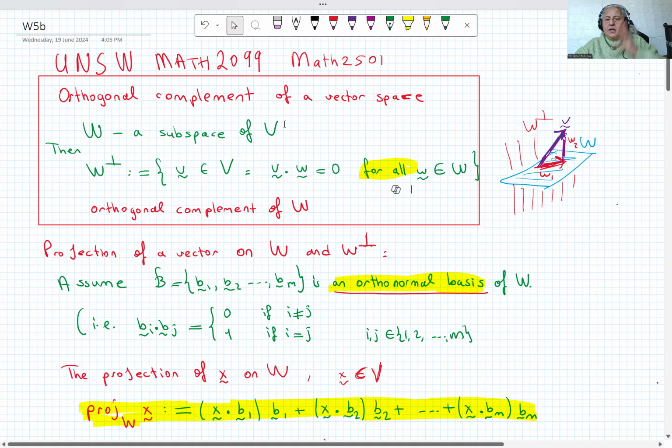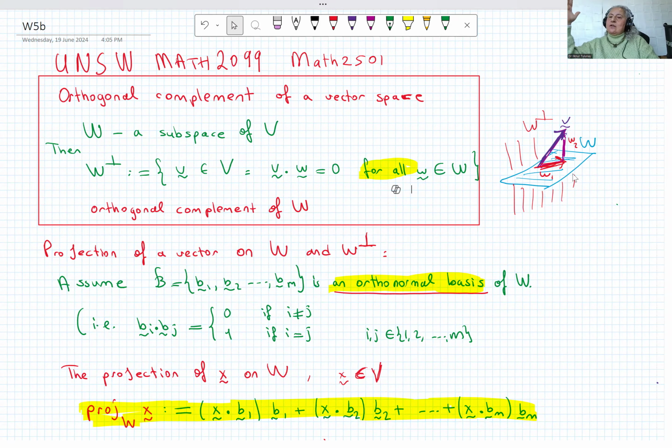How do we visualize the orthogonal complement? I usually tell my students that if you're standing on the floor, each of you is normal to this floor. So every multiple of the normal vector, also the negatives of them, is the complement of the floor.